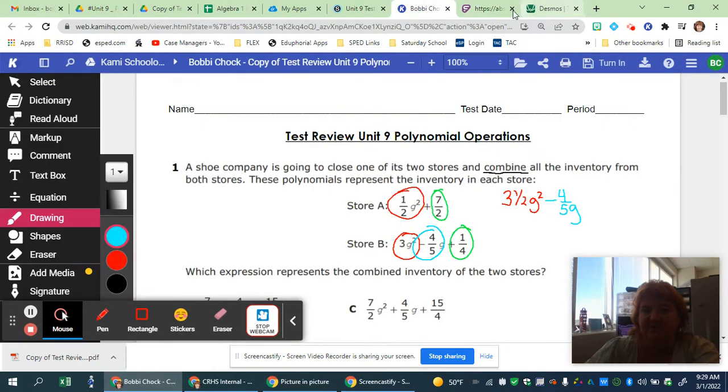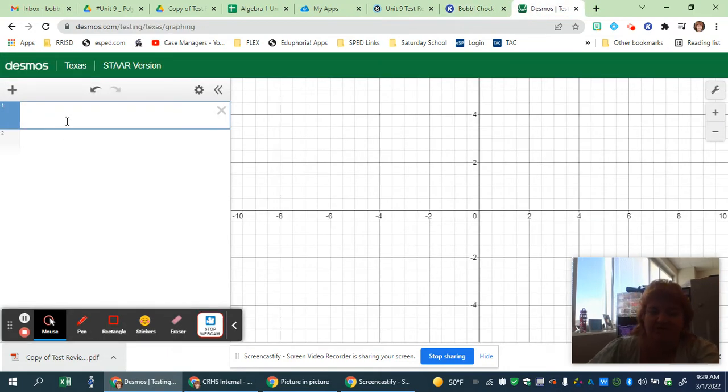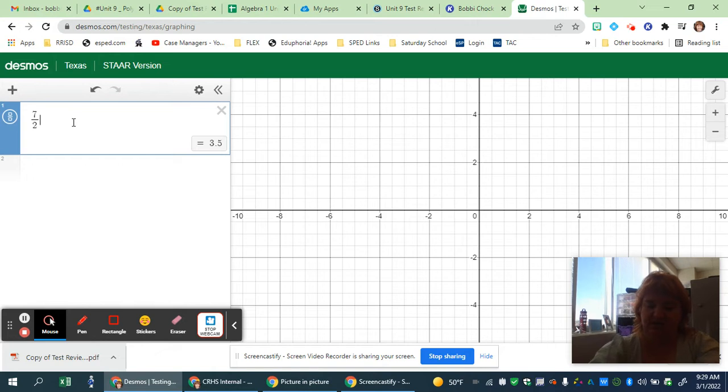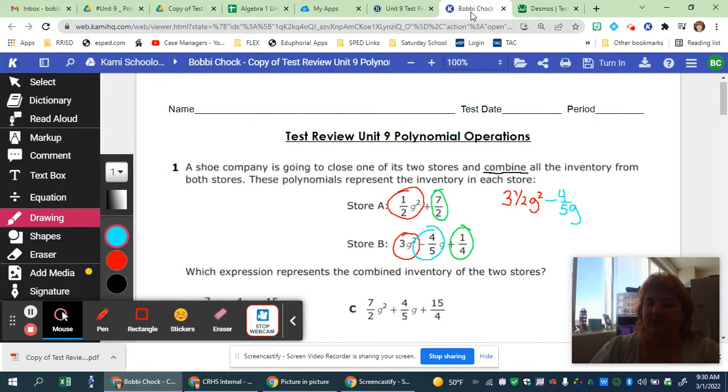All you have to do is, let me close that, 7/2 plus 1/4. Okay, 3.75. If I want the fraction version, I just hit fraction. There it is, 15/4. Stop trying to do that yourself, guys.